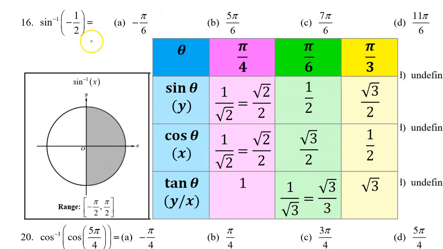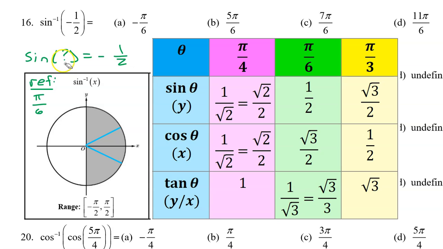The last 5 problems are multiple choice. To evaluate the arcsine of negative 1/2, you ask yourself the sine of what angle is equal to negative 1/2. You can find the reference angle by ignoring the negative sign. Since the sine of pi over 6 is 1/2, the reference angle is pi over 6. Within the restricted range for arcsine, these are the two angles with a reference angle of pi over 6.